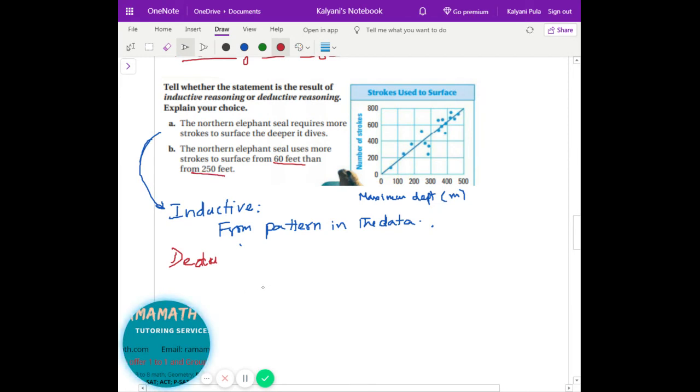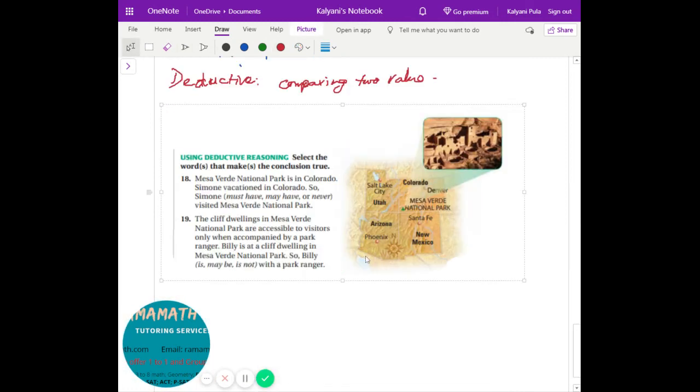Does that make sense? Yes. That's the reason it is deductive. But with inductive, you see the pattern across a number of points. All right, let's look into a really good question here.